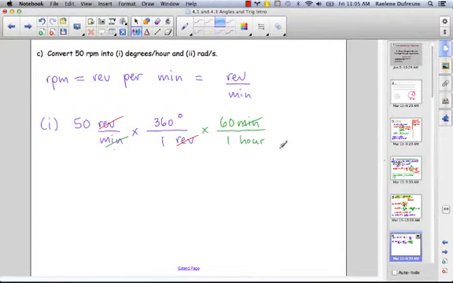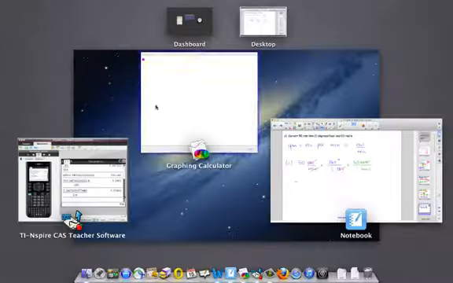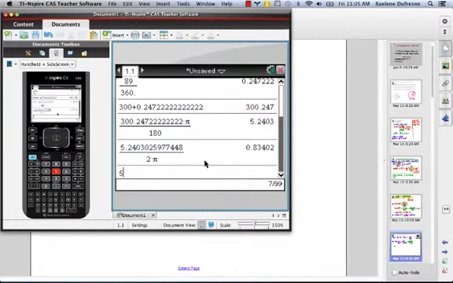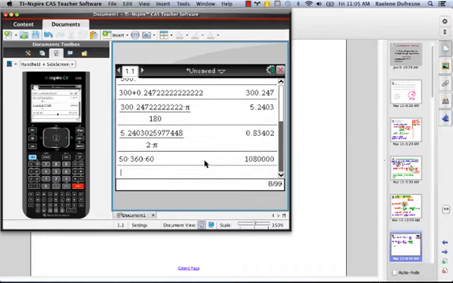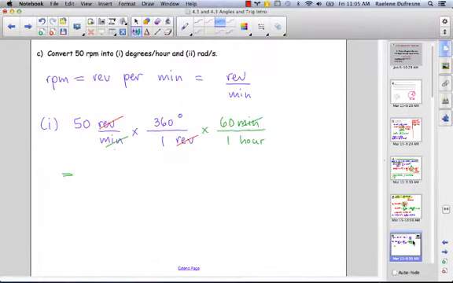So we've done all the reducing, and we can multiply 50 times 360 times 60. I'll just do it quickly on the calculator so I don't waste time on the video. 50 times 360 times 60 is 1.08 times 10 to the 6, and the units are degrees per hour.